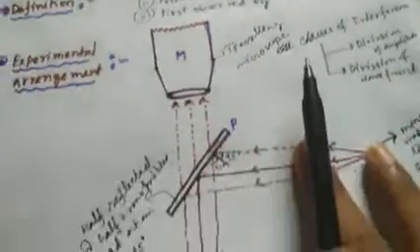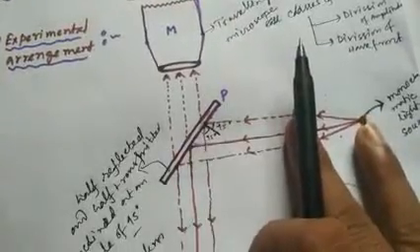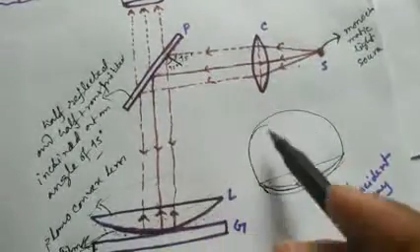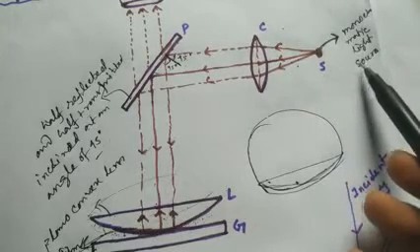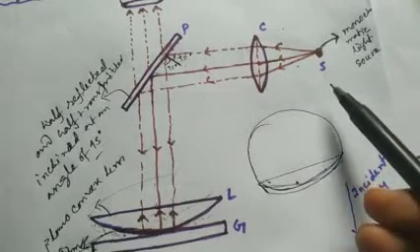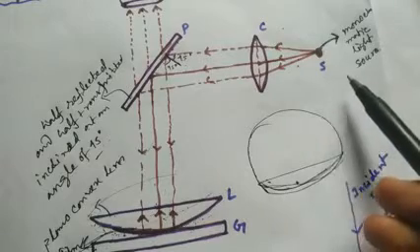Now the experimental arrangement, you can see in the picture. This is S, the source, which must be monochromatic light for interference.